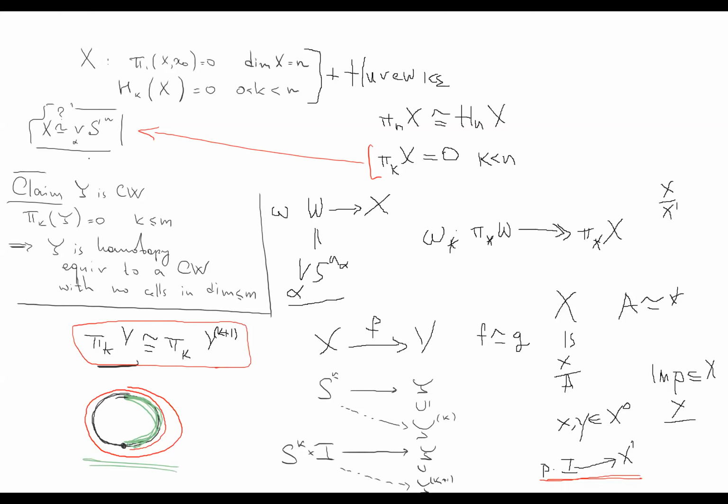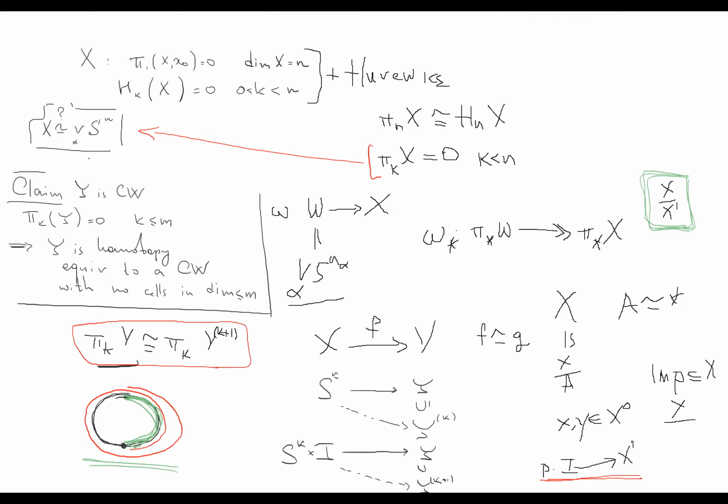Okay, the problem with X over its one skeleton is the following. I don't claim that any path-connected CW complex is homotopy equivalent to one with one 0-cell and no 1-cells.